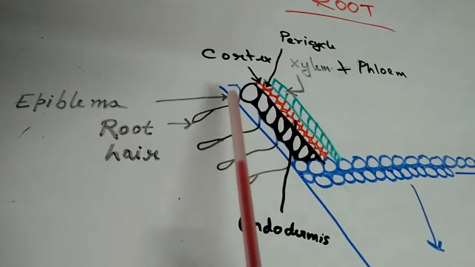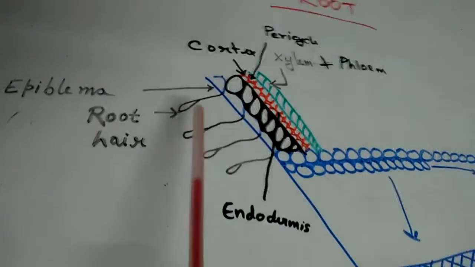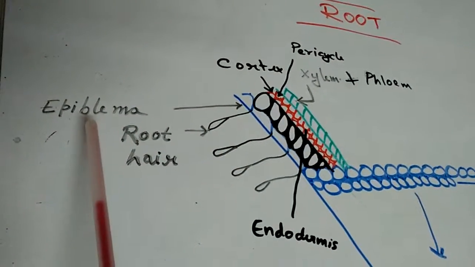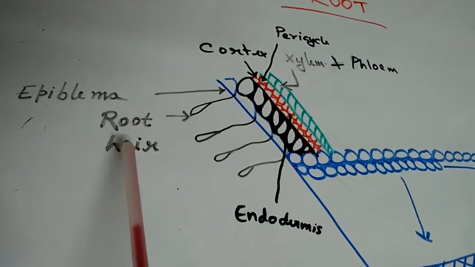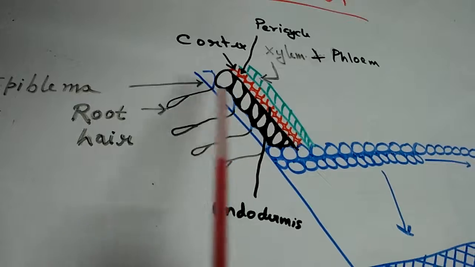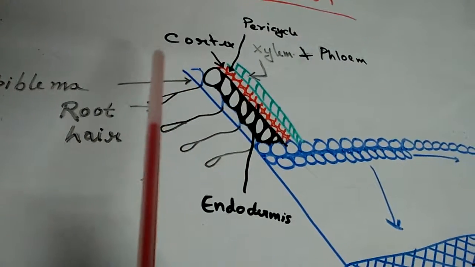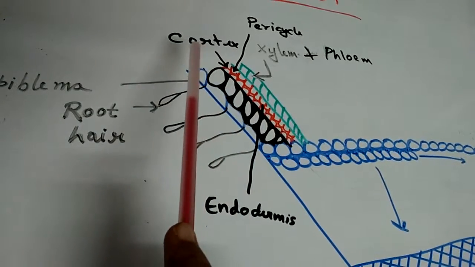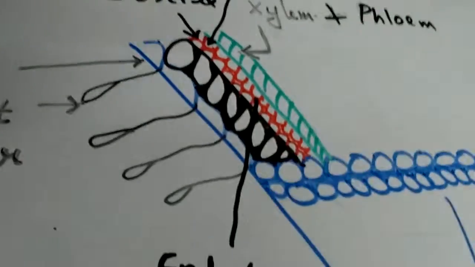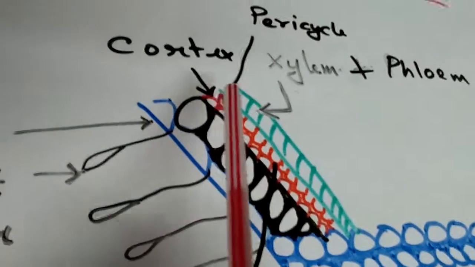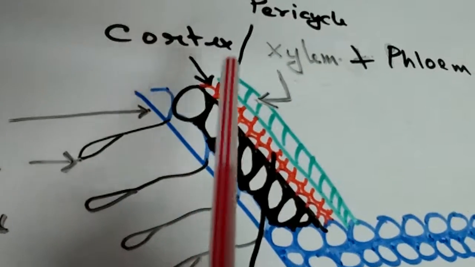The outer margin, the blue outer margin, as you can see, is the epiblemma. These are unicellular root hairs. This portion is cortex. This outer red portion, if I zoom in a little bit, is the cortex.